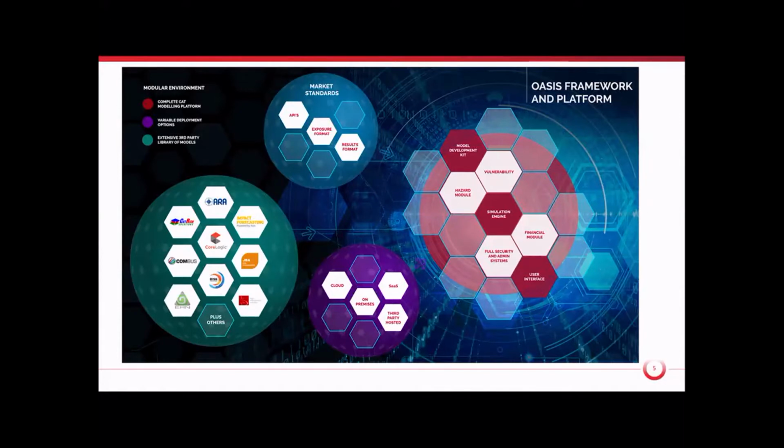At the bottom, the purple planet are the various deployment modes. So whether that's on the cloud, a hosted SaaS service, on-premise on a single server, there's lots of different flavors of this, and we need to have a flexible architecture that can support these.